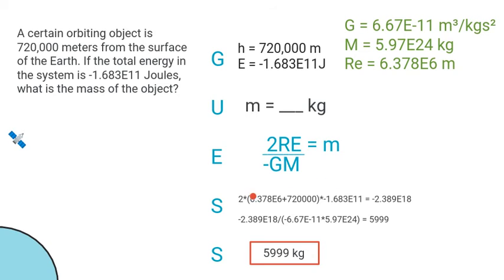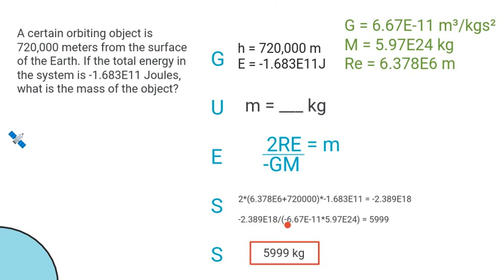And what I did here is I broke it into 2 steps. We're going to solve for the numerator first, so 2 times the radius, which is the sum of the Earth's radius plus the altitude, times the energy, which is negative. So we end up with a negative value on top, this very large number, put it on top.